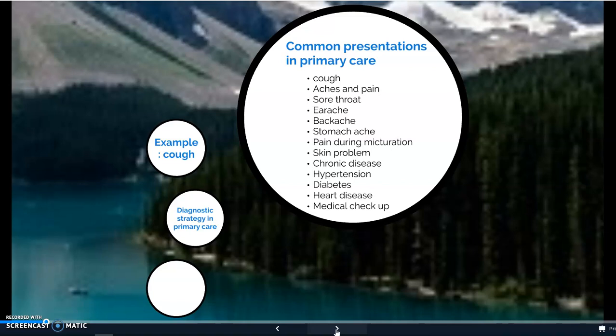And if you see, many of these chronic diseases have been transferred to the primary care setting for management. Probably you don't really see a hypertension clinic or diabetes clinic specifically anymore in hospital specialty clinics.